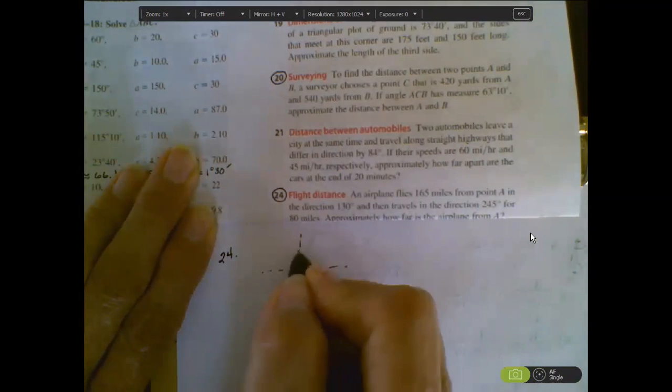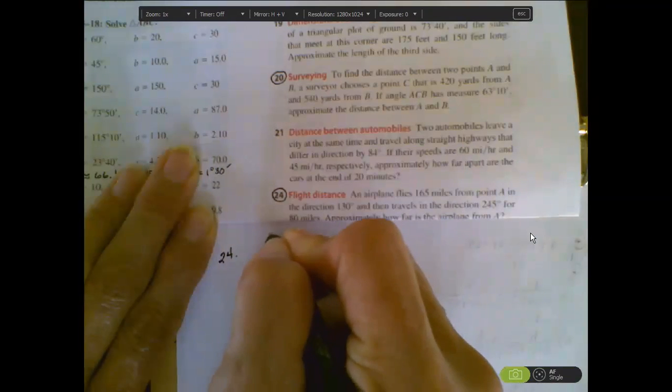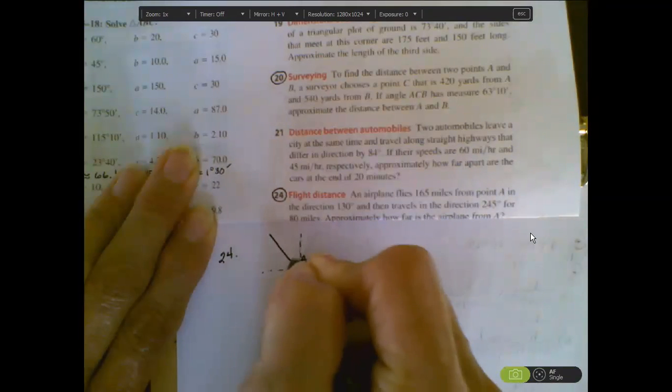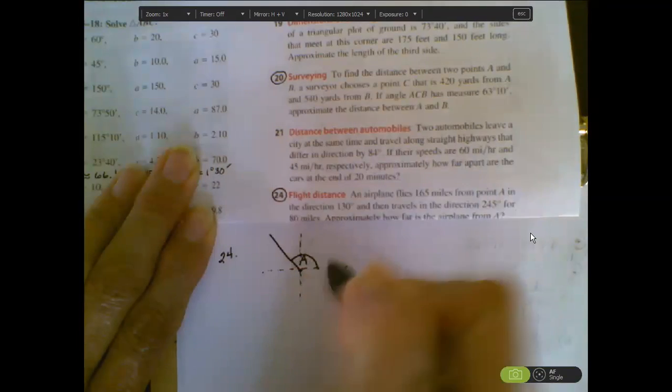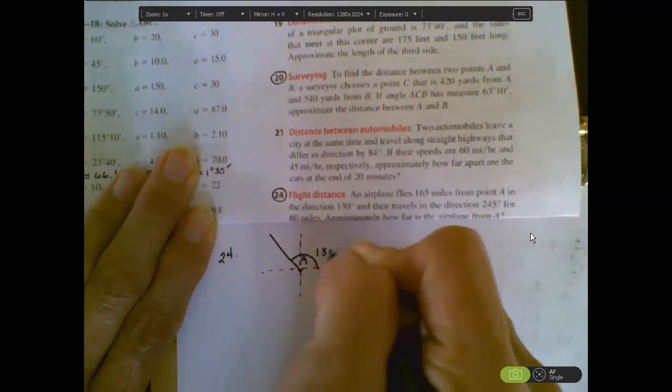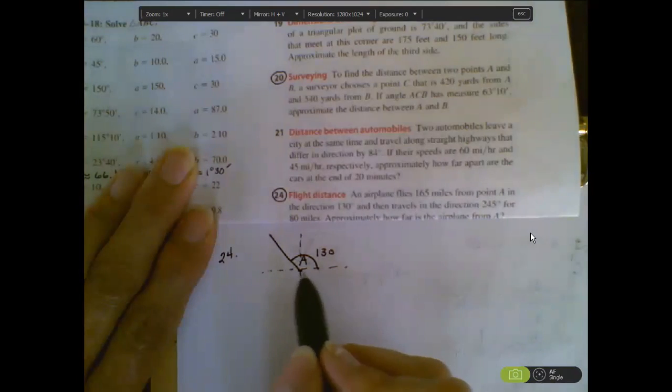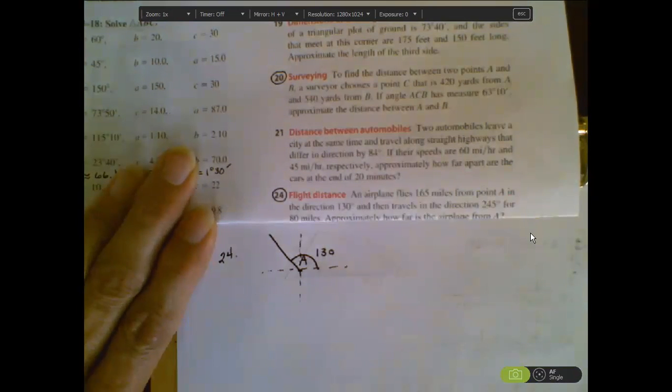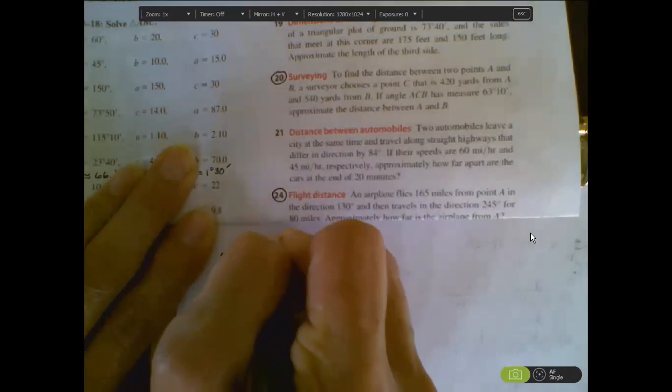So this would be 90 degrees, and another 40 degrees would be 130 degrees. Does that make sense? 130 degrees from the positive x-axis. And the plane goes 165 miles in that direction.